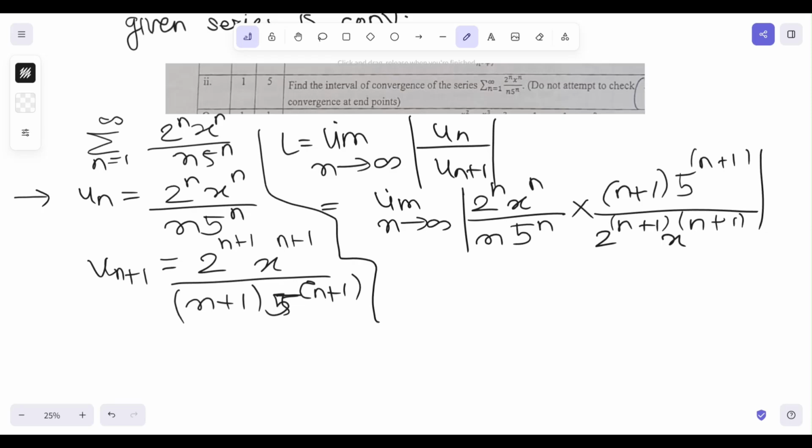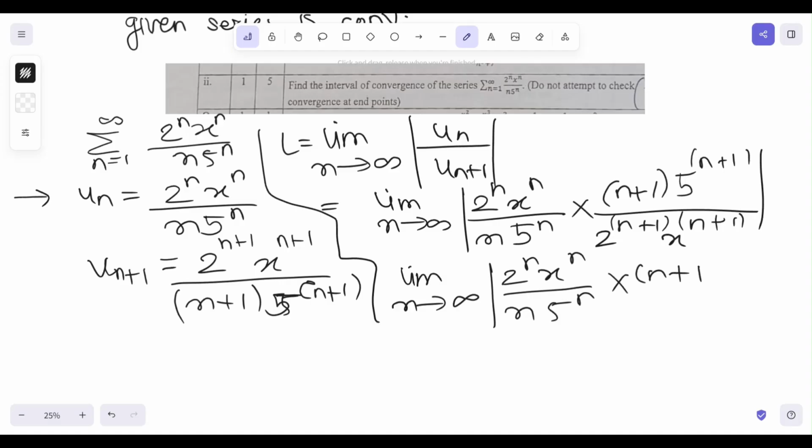Okay, so now what you have is the limit of n tends to infinity. Here you can keep un as it is, then you have n plus 1 as it is, or you can just take n common.